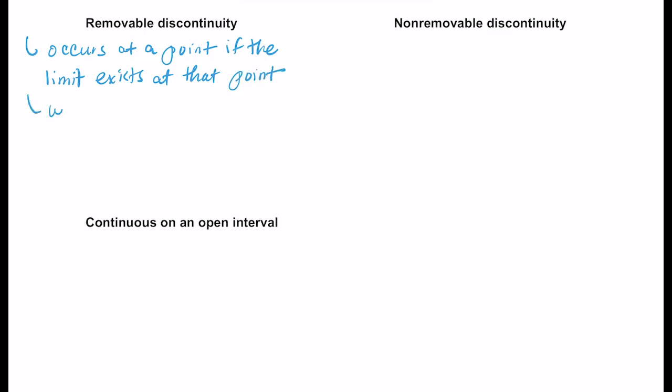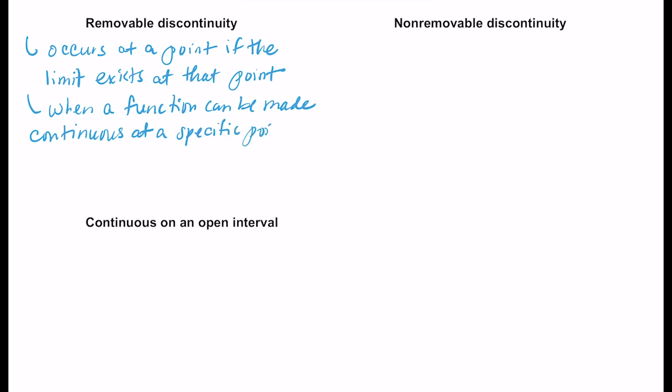Another way to look at it is when a function can be made continuous at a specific point by defining or redefining it at that point.